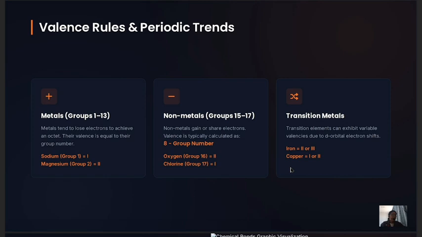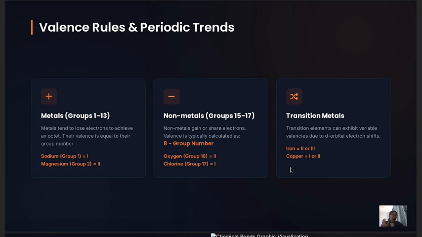Now, how do we find the valency of an element using the periodic table? We have three main rules: first, metals in a group; second, non-metals; and third, transition metals.